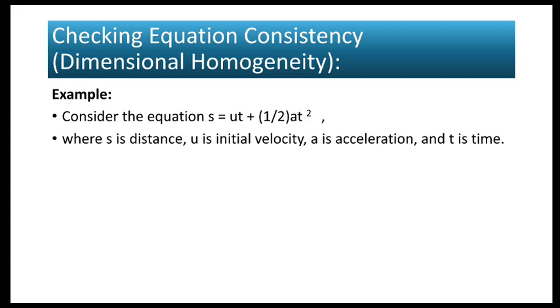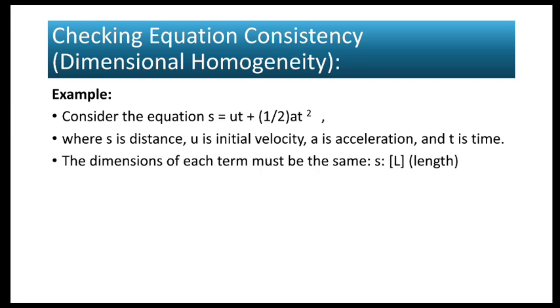S is nothing but distance, u is the initial velocity, a is acceleration and t is time, right? We know that S is distance, measured in the form of length. So its dimension formula is [L]. Now ut: u is velocity, which is L by t, multiplied by another t.